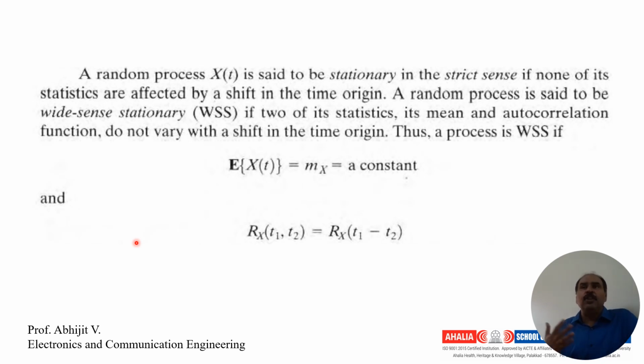There was a question in your previous question papers on comparison of the two kinds of stationary processes. A random process is said to be wide sense stationary if two of its statistics, just the mean and the autocorrelation, do not vary with a shift in its time origin. Thus, a process is WSS if the mean mu x is a constant and Rx of t1, t2 is equal to Rx of t1 minus t2.